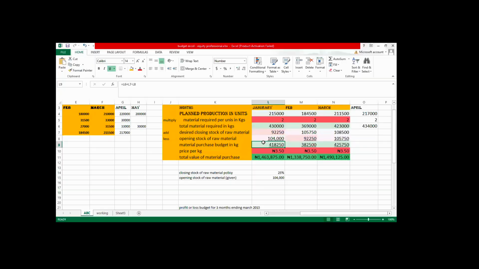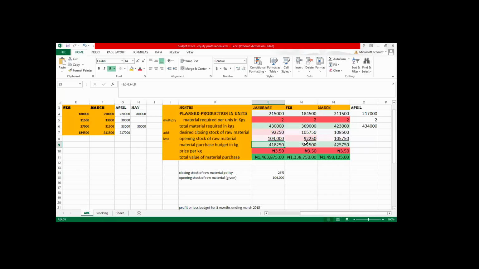In January, we are going to purchase 481,250 kg. And material price per kg is 3 naira 50 kobo. Please multiply. What is the total value of material purchase? 1,463,875. If you look at your screen, what do you have? 1,463,875. Same thing, sir.